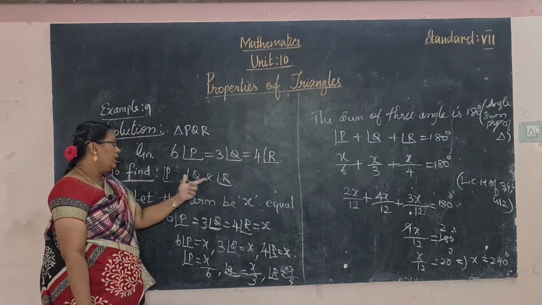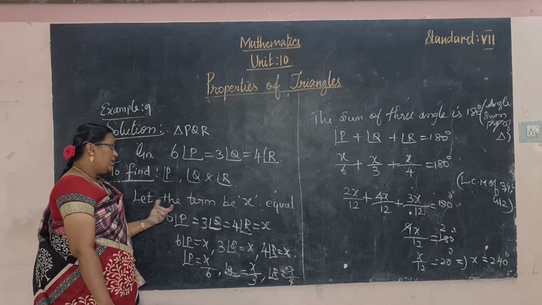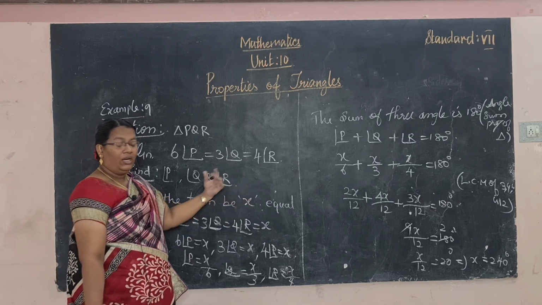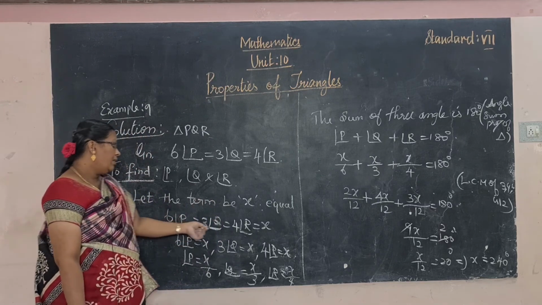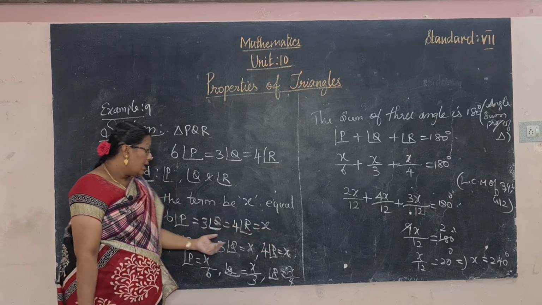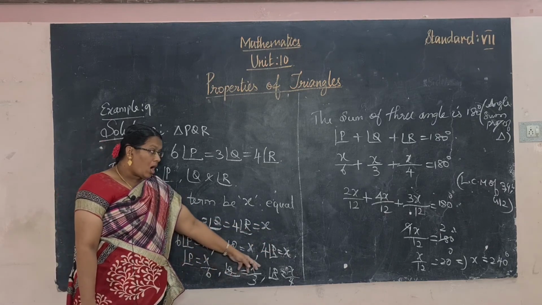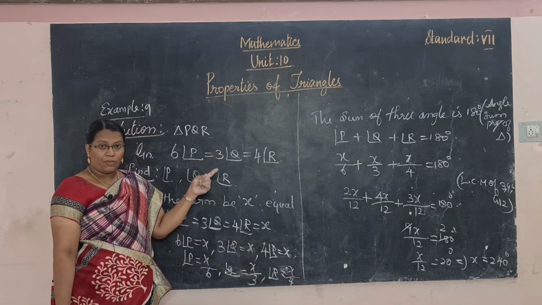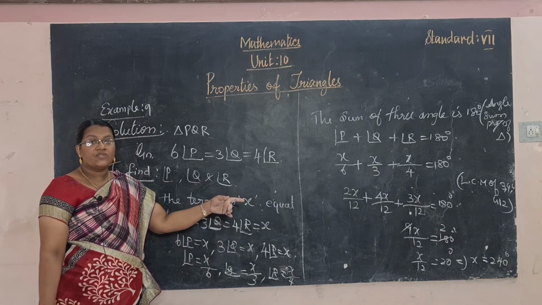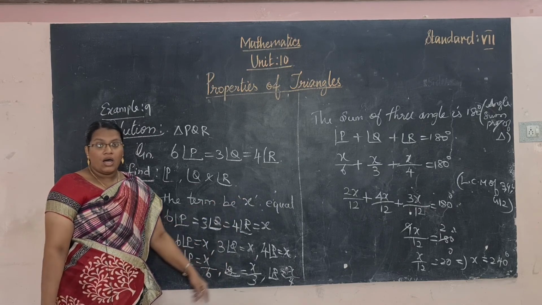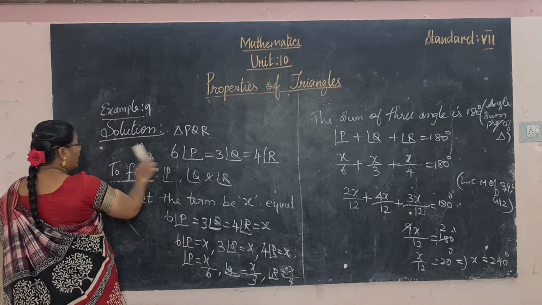We considered the equal terms as X, then equated each statement to X. Then we found the separate angles P, Q, R. After using the angle sum property, we found the value of X. Now we substitute these values in angles P, Q, R to get the angles.